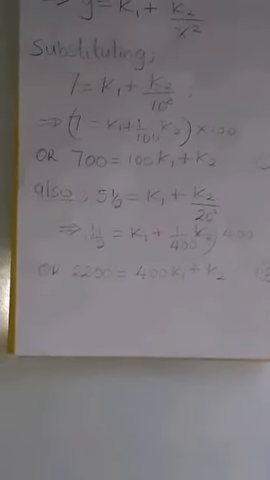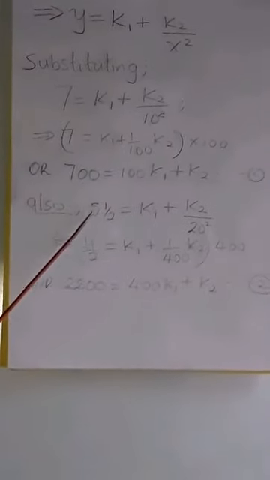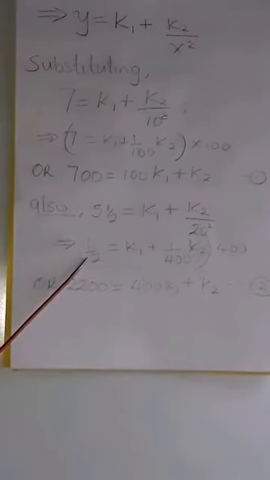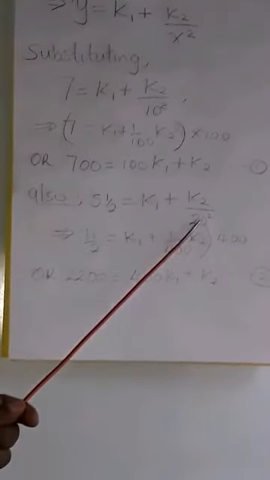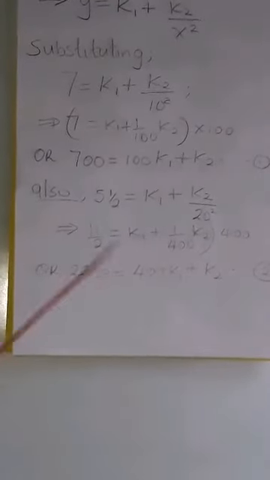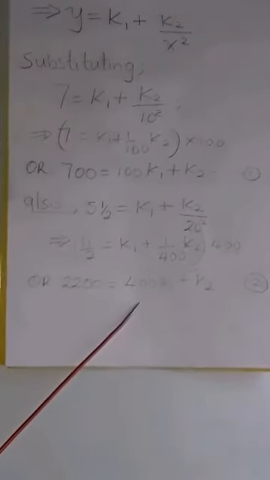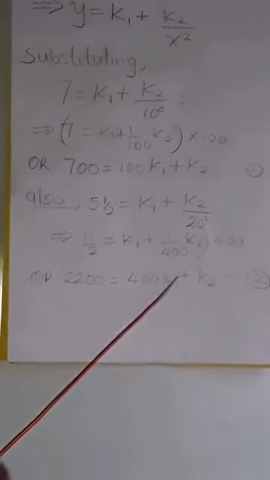Then what about when y is 5.5 when x is 20? So we will have 5.5 is 11 over 2. I multiply both sides by 20 squared, which is 400, to eliminate those denominators. And once I do that, I will have 2200 equals 400 k1 plus k2.